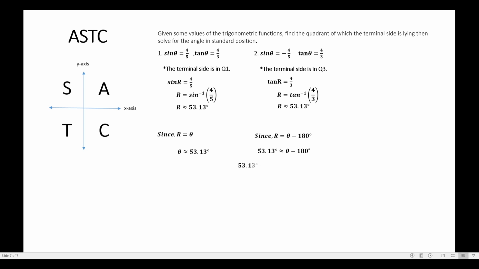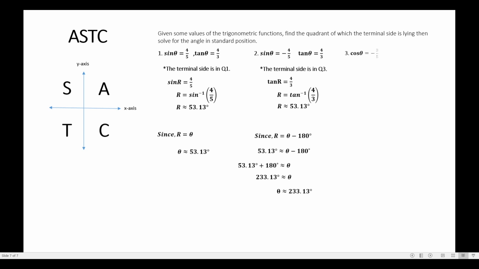So by then, you have 53.13 degrees plus 180 degrees as the approximate value of theta, and you have 233.13 degrees. So that's the angle in standard position. Let's make it formal. So theta is approximately 233.13 degrees.